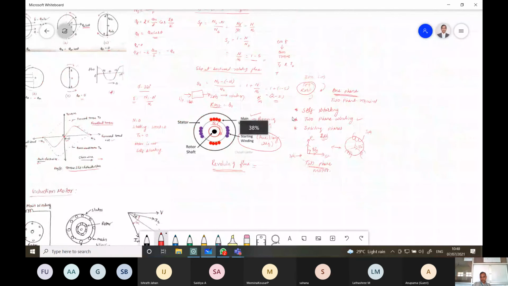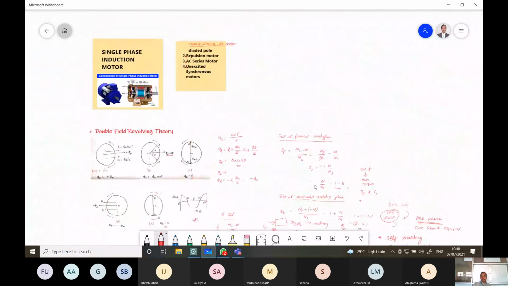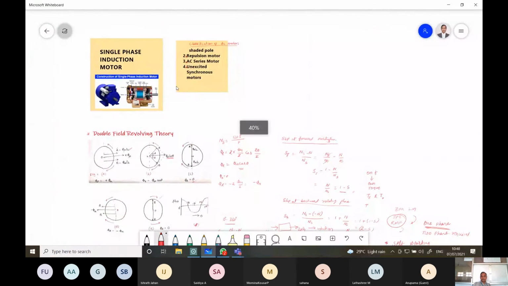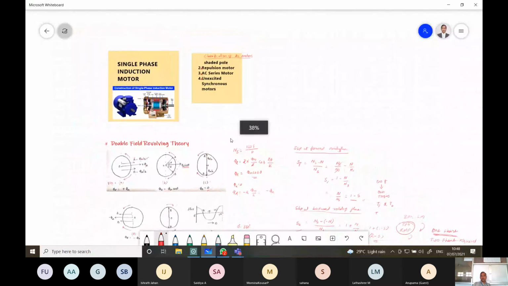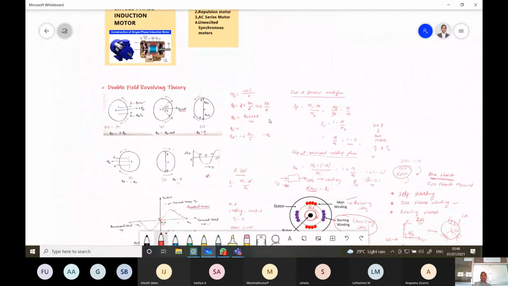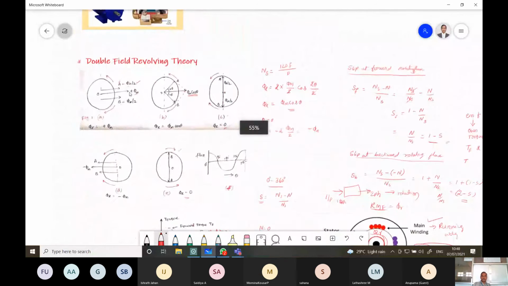Today we have discussed the single phase induction motor, the types of single phase induction motor, and the double field revolving theory. Why is it double field?